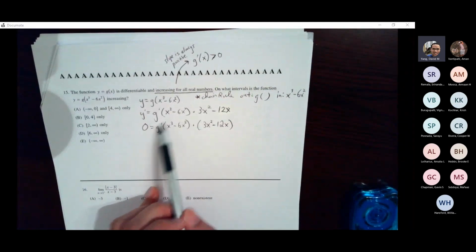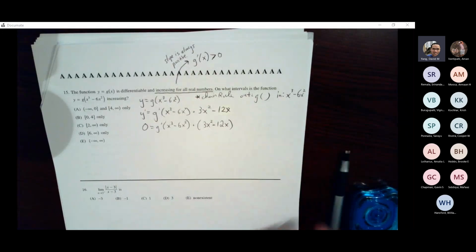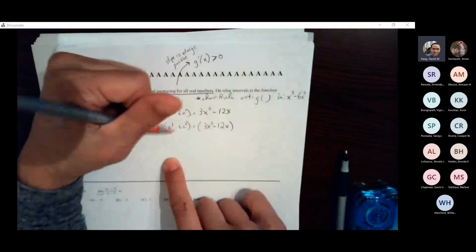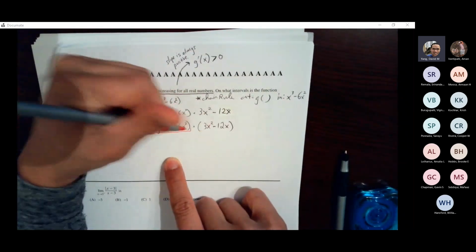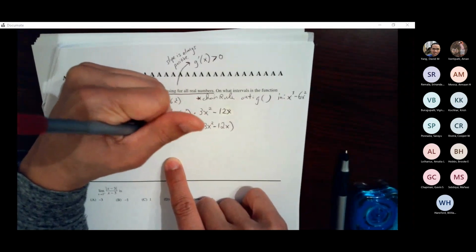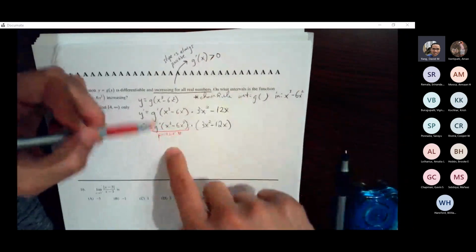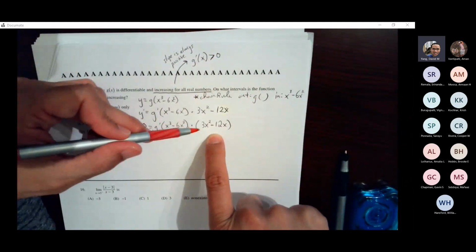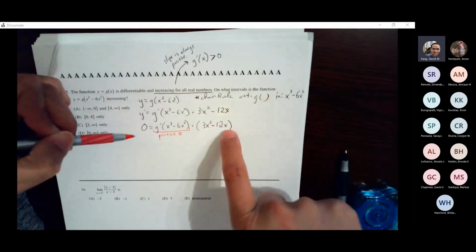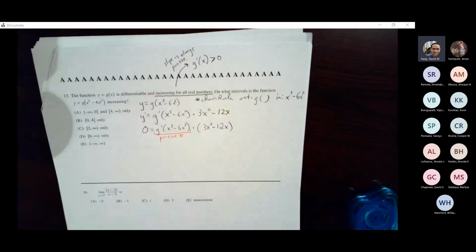Now, what do you do with this portion? Well, we know that g prime is always positive, so we can basically ignore this portion. It's always going to be a positive number here, because they say that g prime of anything is greater than 0. So we can just find our critical values and go through the first derivative test simply with that 3x² − 12x.